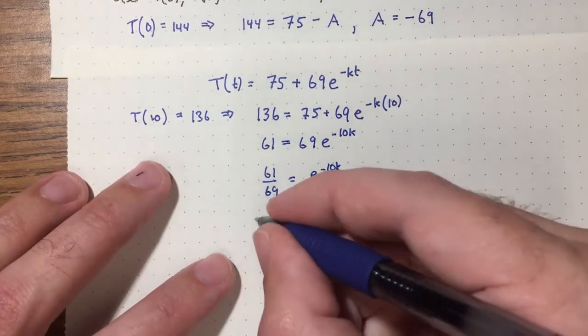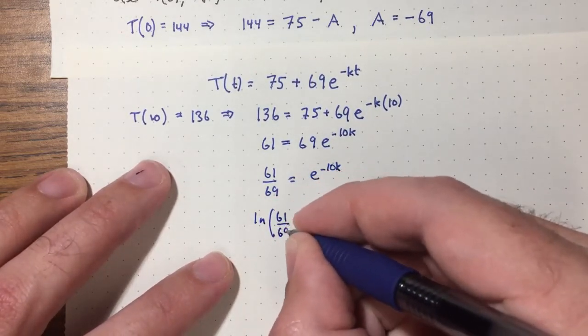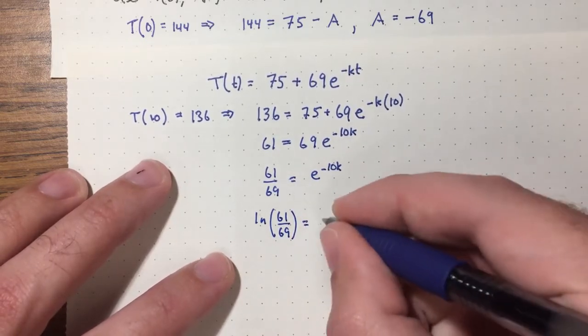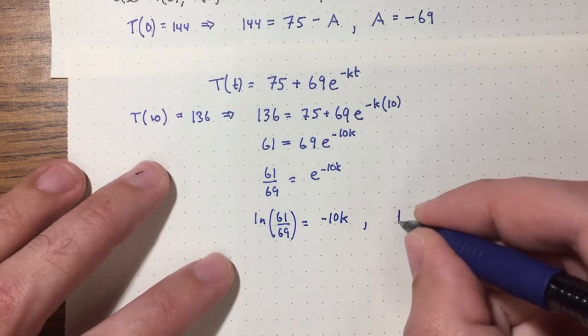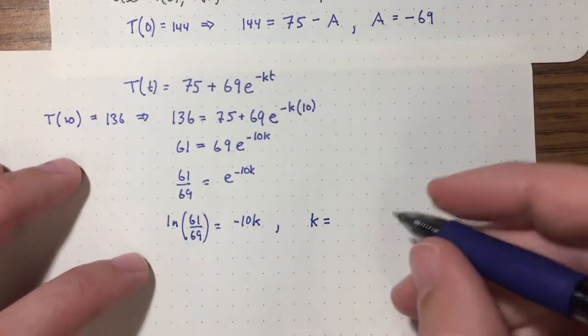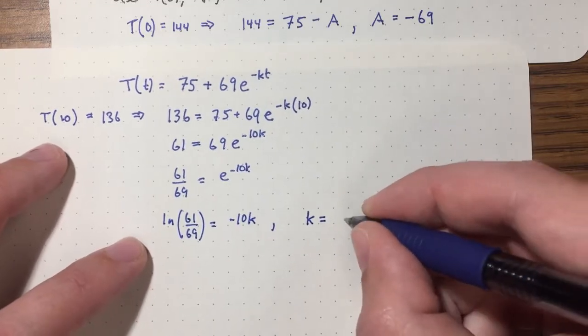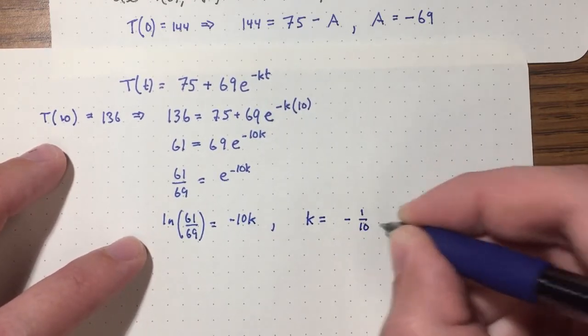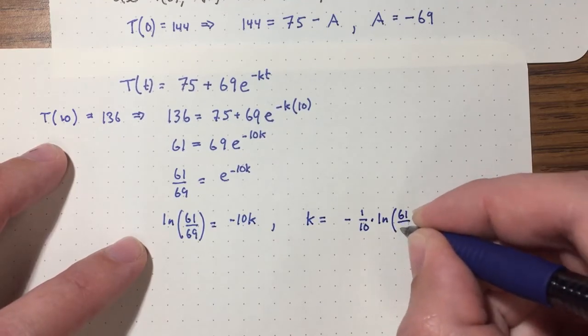Okay, then we'll take the logarithm of both sides. Natural log of 61 over 69 is negative 10k, which tells us that k is going to equal, I just divide by negative 10, so we get negative 1/10 times natural log of 61 over 69.